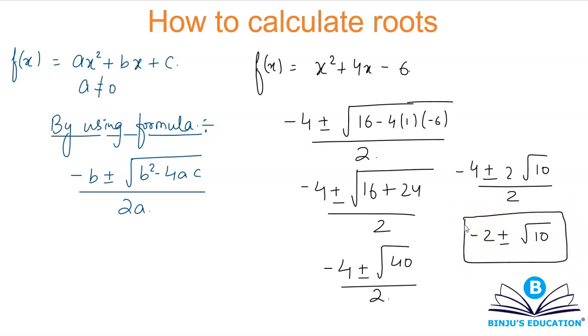So you can see that your two roots are, one is minus 2 plus root 10, and one is minus 2 minus root 10. Now, how many roots is a quadratic equation going to have? Remember that the number of roots, no matter what type of roots you may have, we'll discuss the types of roots also, is always equal to the highest degree of the function.